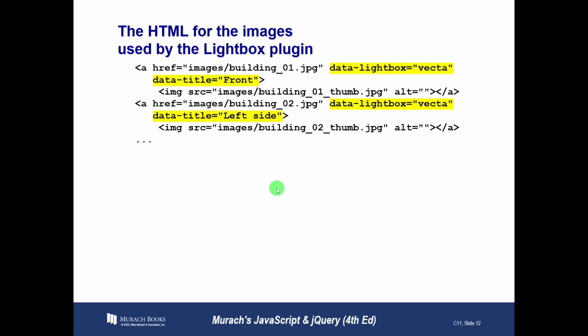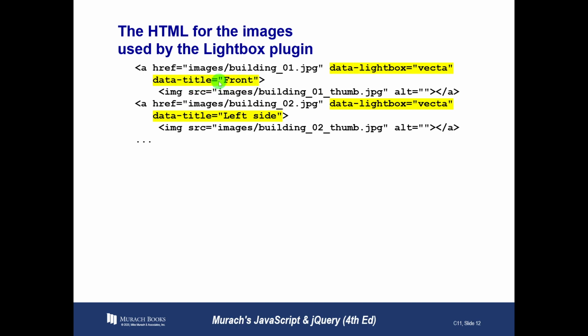Here's the HTML for the images. Again, this one in this example isn't using an unordered list, it's using a bunch of anchor tags, and it's got some specific elements added to the tags that you have to include in order for it to work. Data-lightbox equals vecta, data-title.